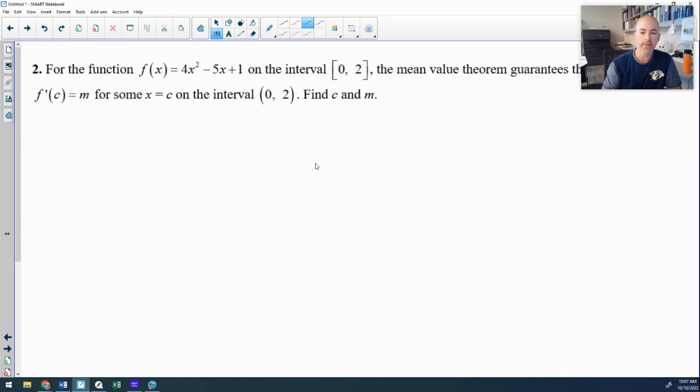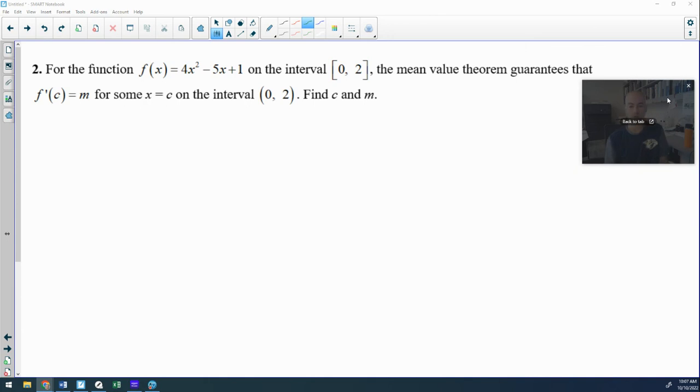Let's look at the mean value theorem. So we have this function, another quadratic, on the interval 0 to 2. The mean value theorem guarantees that f prime of c equals m for some c on the interval 0 to 2. Find c and m. And this problem does not ask you to confirm that the mean value theorem applies. However, it is very good practice and a good habit to get into to state that your function does meet the requirements.